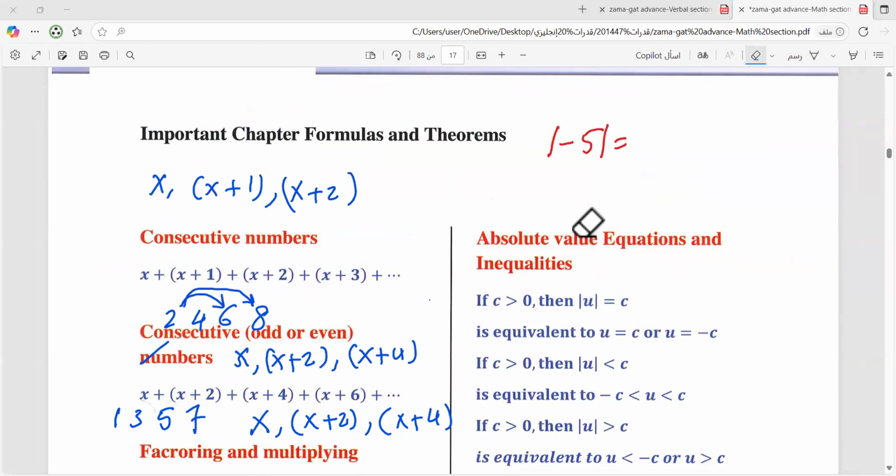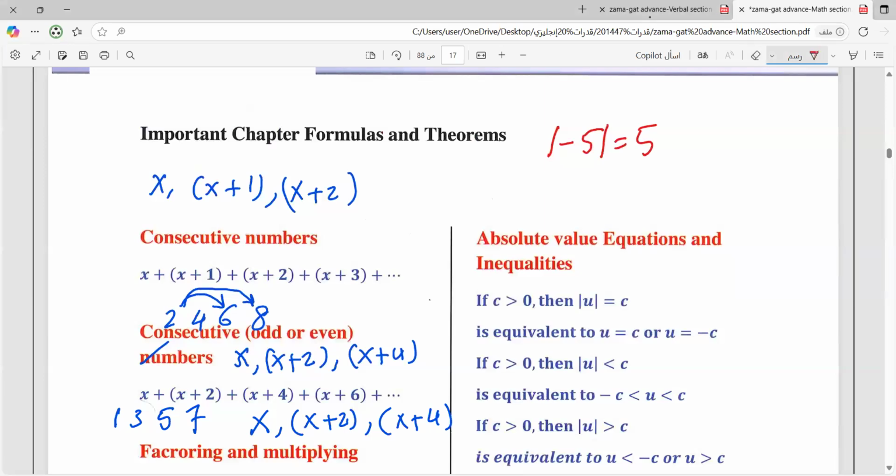Absolute value, what is it? The absolute value gives you a positive number. Negative 5, so the absolute value equals what? 5, without the signal. Look, negative 9, what is the absolute value of negative 9? It will be positive 9.